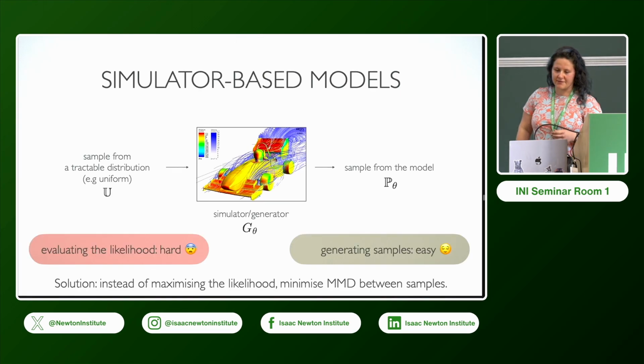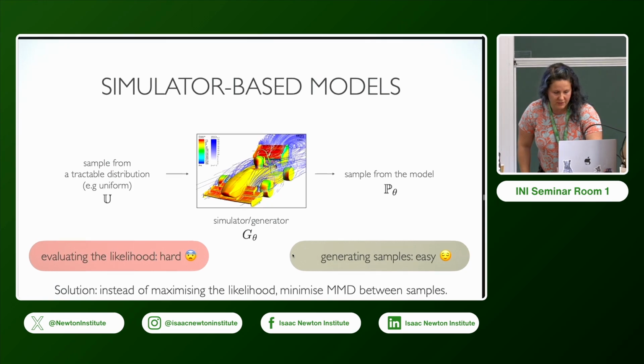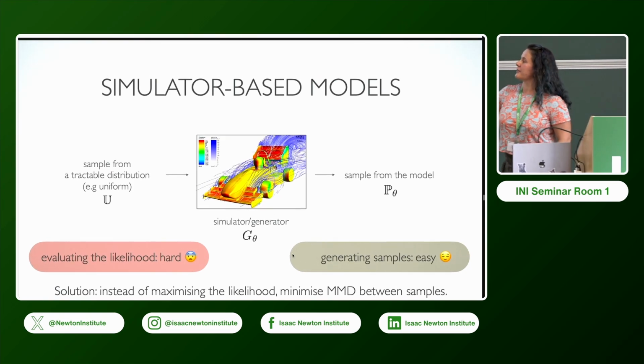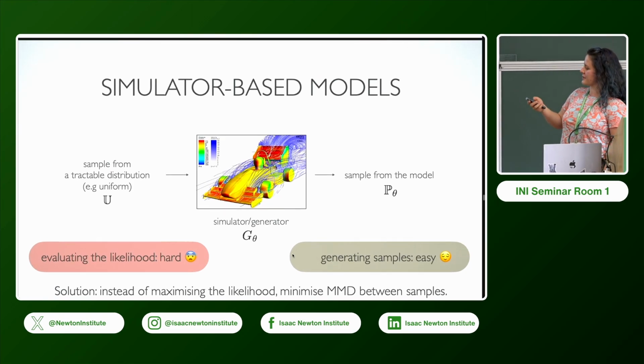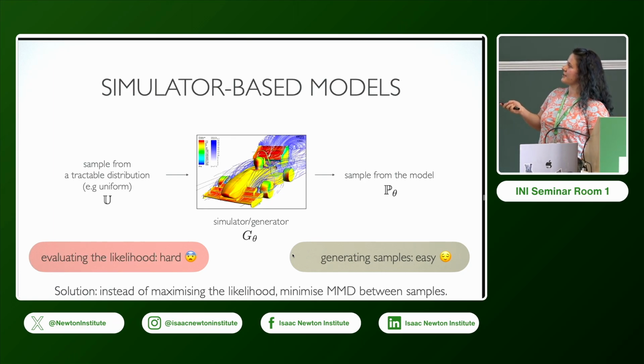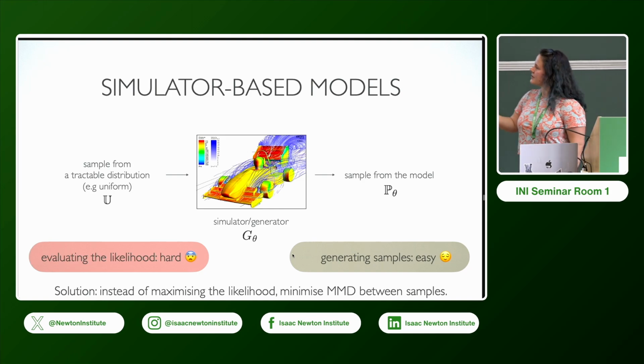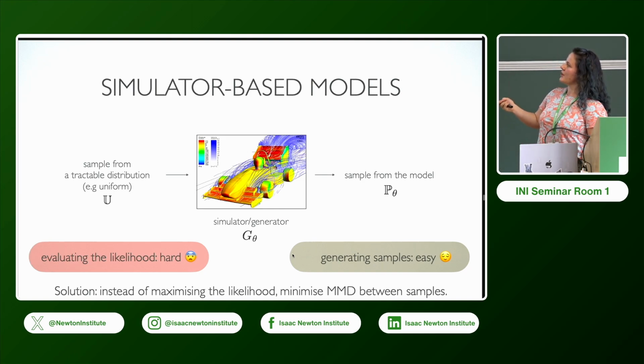In this setting, if I wanted to conduct inference over this model, standard likelihood-based methods would be tough to apply, because evaluating the likelihood is tough, since g theta can be quite complex, as is hopefully evident from my system of differential equations example. But generating samples is easy, right? Easy in the sense that I know how to code it, but it might still take a long time because this guy might be really expensive.